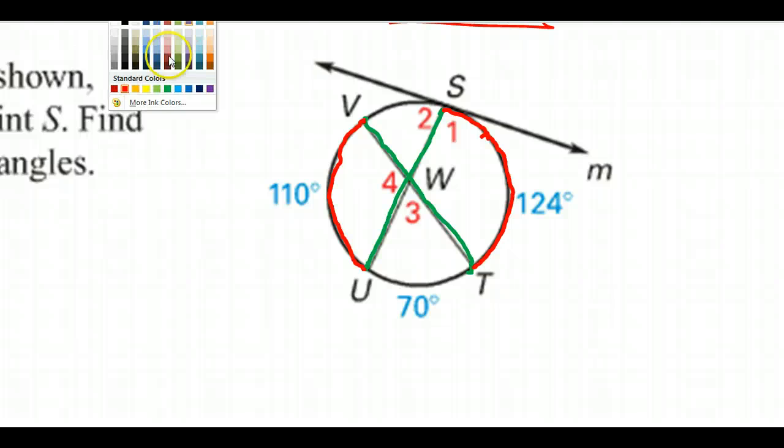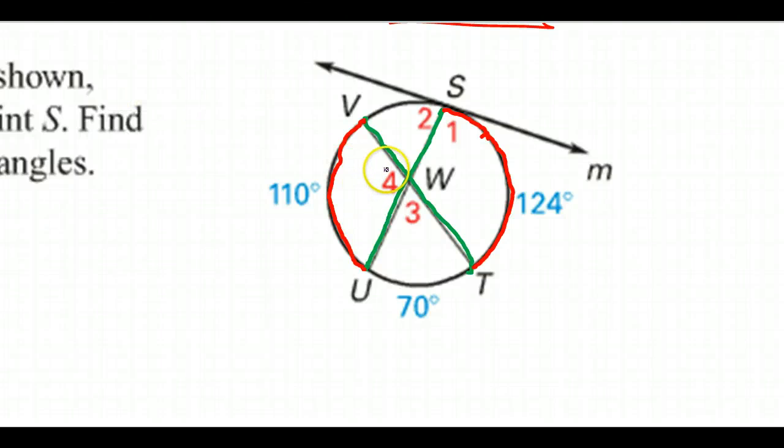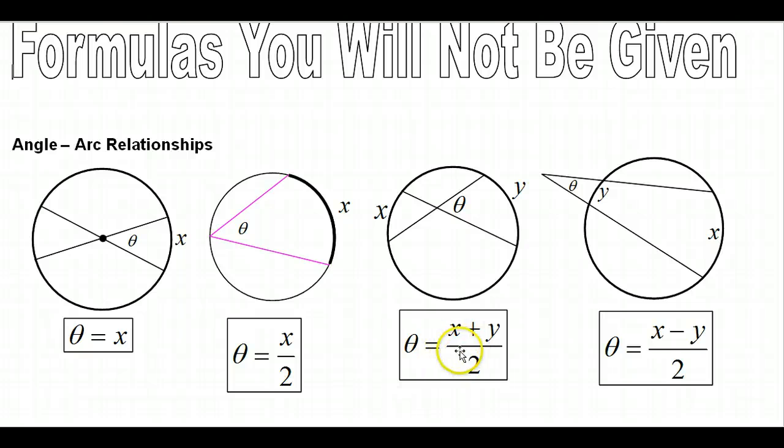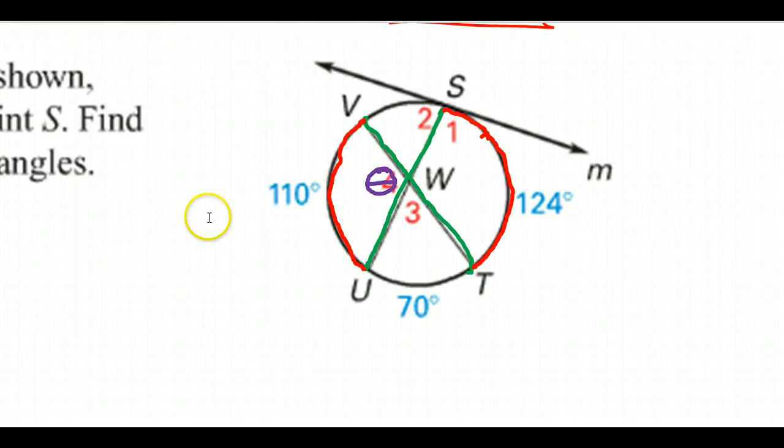Alright, so that's angle theta right there. I mean, it's angle 4, but that's what we're supposed to find. So using this formula, that the angle is going to be the arc plus the arc divided by 2, it's going to look like this.